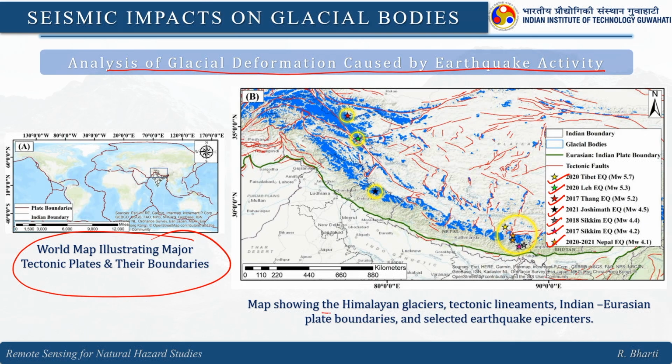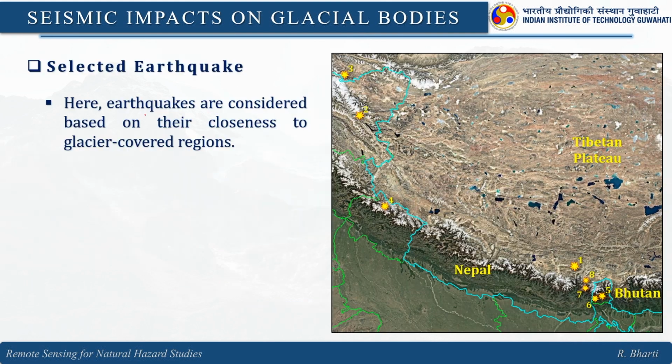This map is showing the Himalayan glaciers, tectonic lineaments, Indian Eurasian plate boundaries and selected earthquake epicenters, and the epicenters with higher magnitude, greater than 4, we have considered here. So, the earthquakes are considered based on their closeness to the glacier covered region.